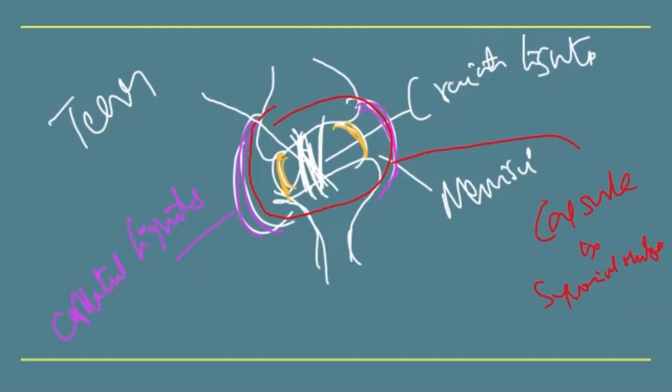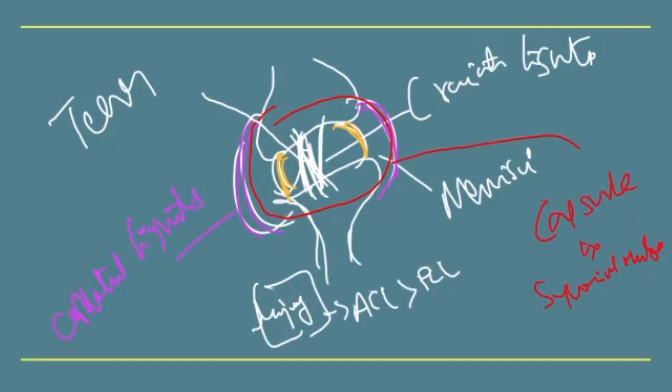The anterior cruciate ligament is more prone to injury than the posterior ligament, ACL rather than PCL, and again it is non-collisional.